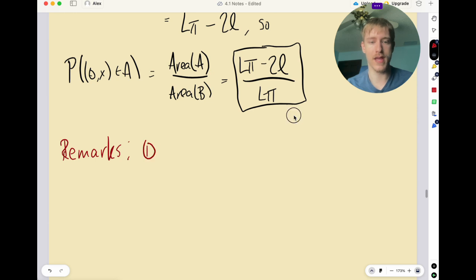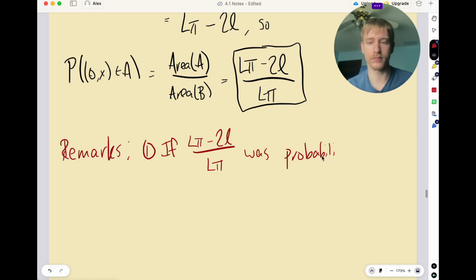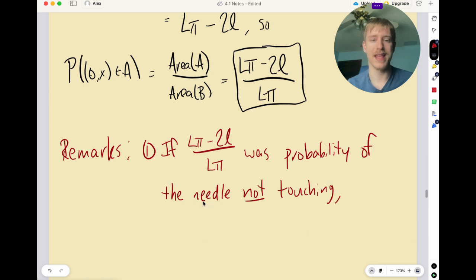Okay, so number one, if, you know, this L pi minus 2L over L pi was the probability of the needle not touching one of the lines, then, you know, what's the probability that it is going to touch the lines?